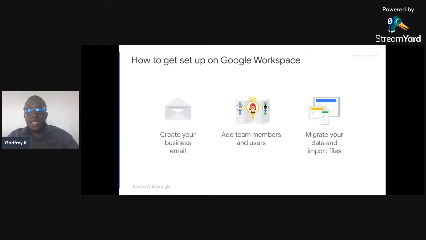Then add team members and users. Before people on your team can sign in and access your Google Workspace services, they need a user account. During your free trial period, you can create up to 10 user accounts. So before you even get your license, first go through it, create your accounts, get familiar with it, and then we can look at the payment later because we have a trial.